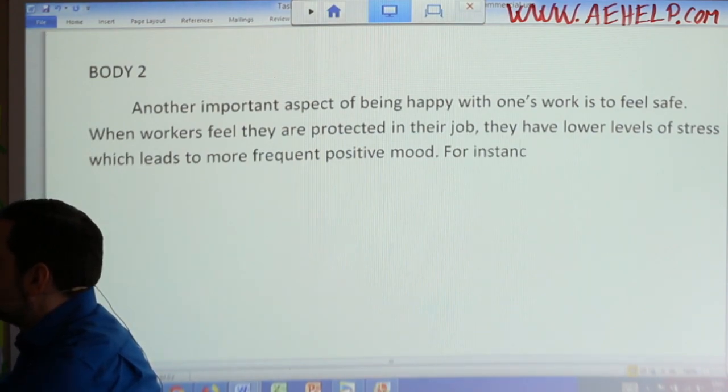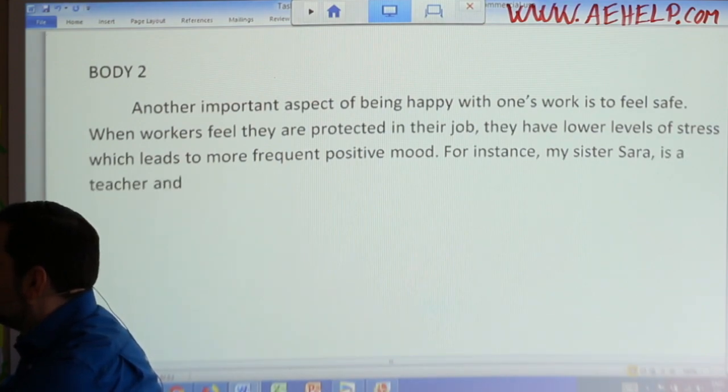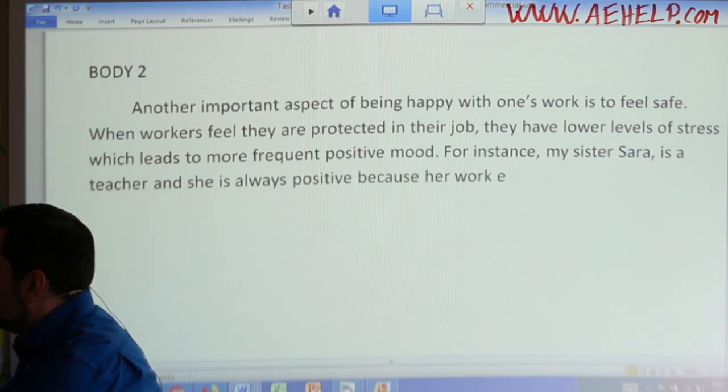So always support this explanation. For instance, my sister, Sarah, is a teacher, and she is always positive because her work environment does not have many dangers.